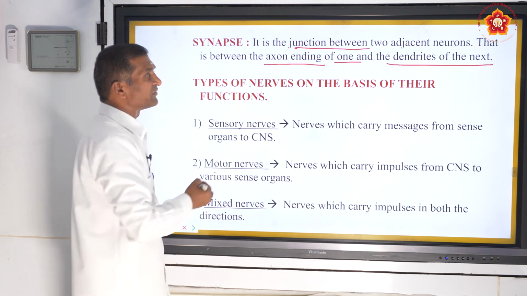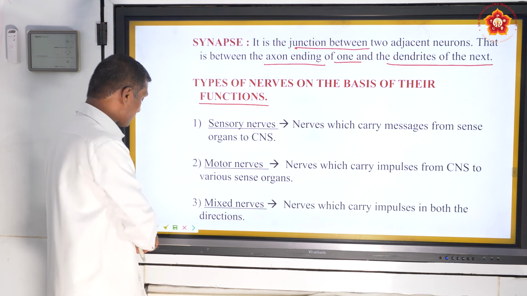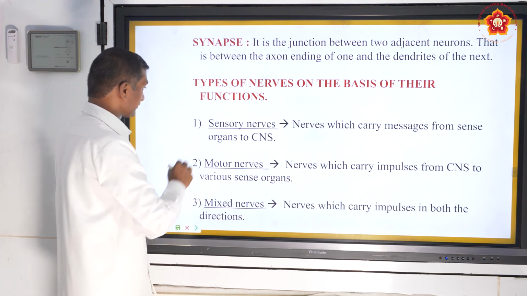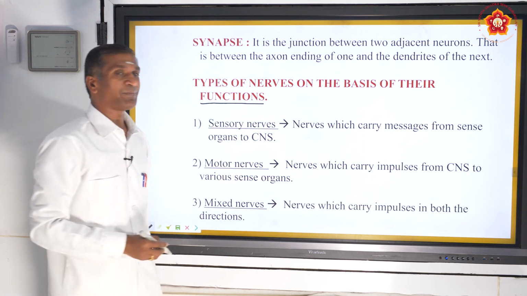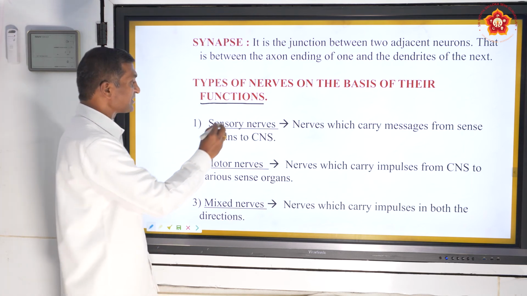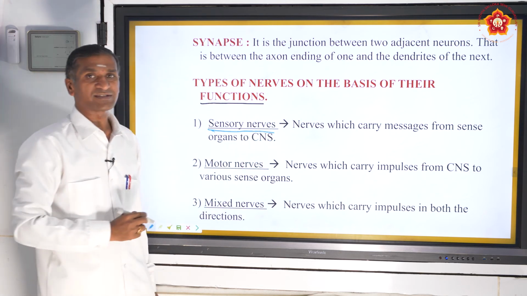Types of nerves on the basis of their function. First one, sensory nerves.